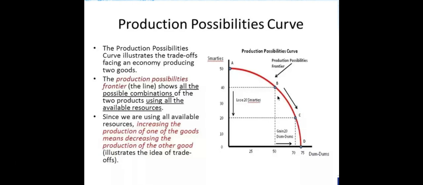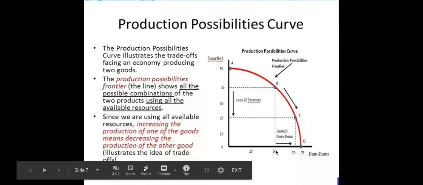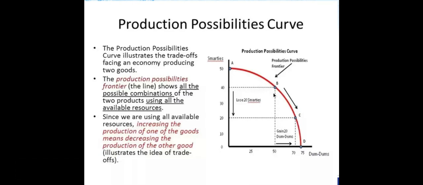Then you go to point B. We decided with our resources, we can make 40 Smarties, and we can make 50 dum-dums. So we lost 10 Smarties, but we were able to produce 50 dum-dums.